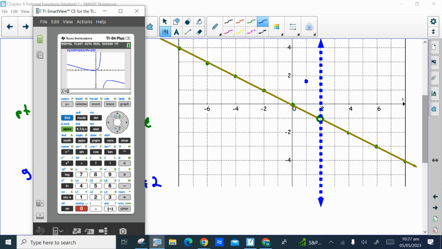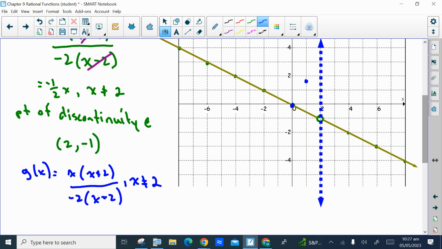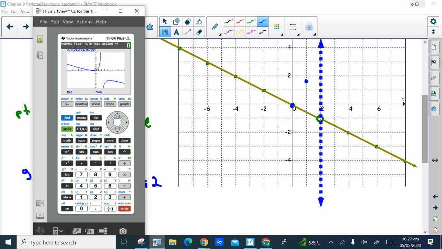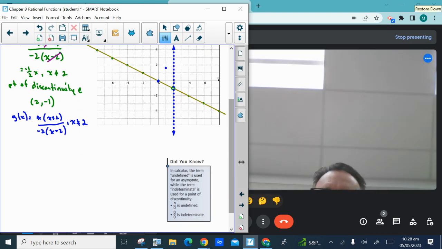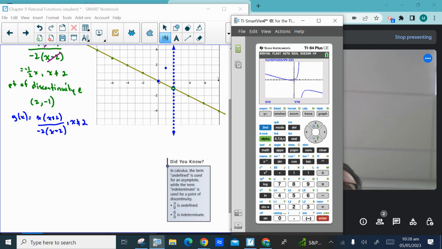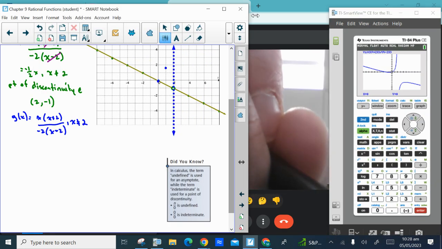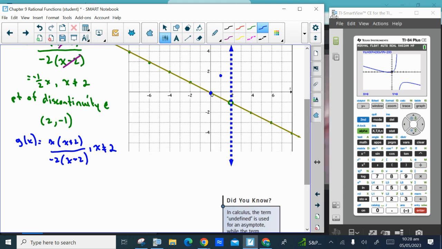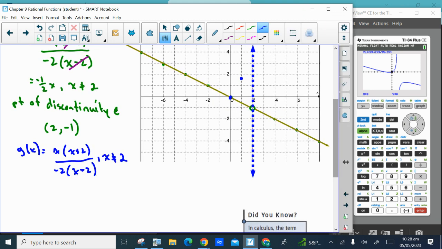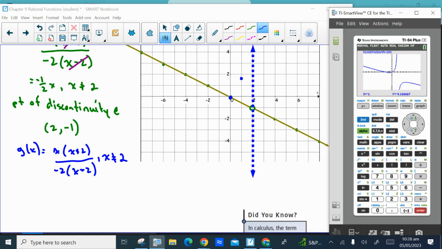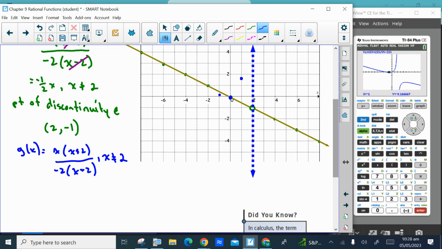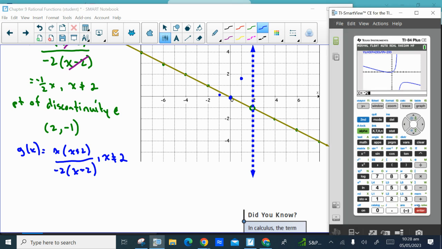If I let x equal 0, y equals 0. This graph goes through the origin. If I let x equal negative 1, y equals 0.16 repeating. Let me go back.